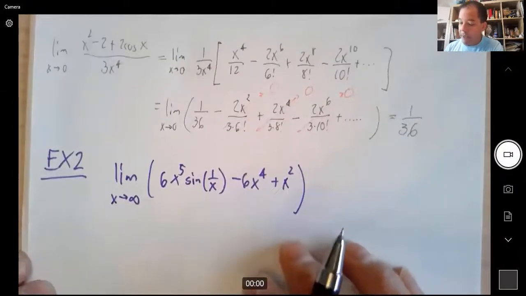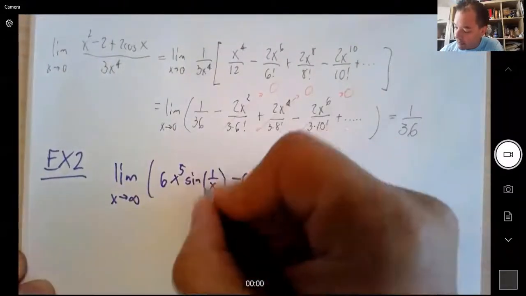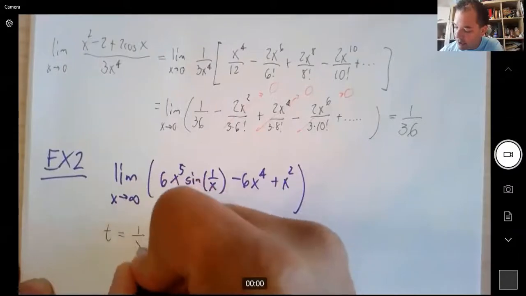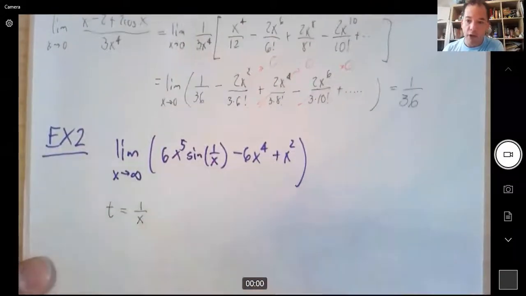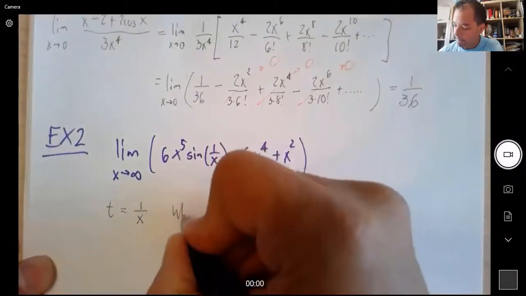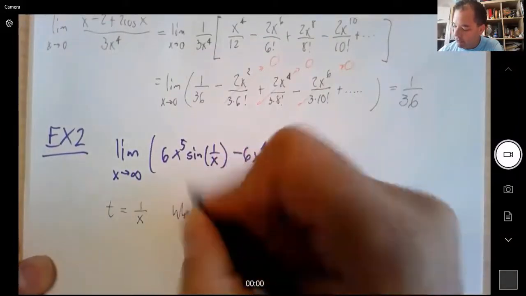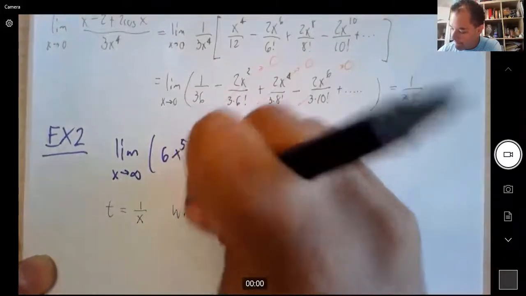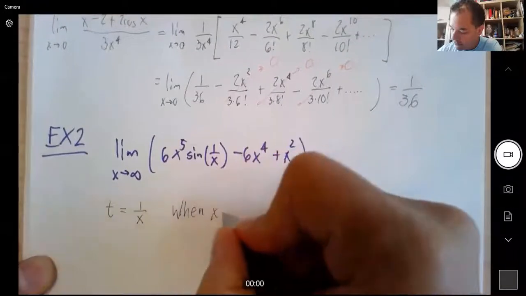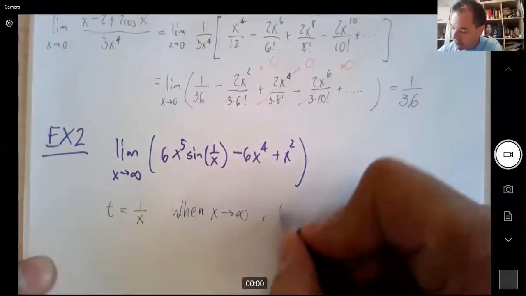So the better thing here is to replace 1 over x by a new variable. Let's call it t. So t will be 1 over x, right? And then what happens when x goes to infinity? So when x goes to infinity, t goes to where?